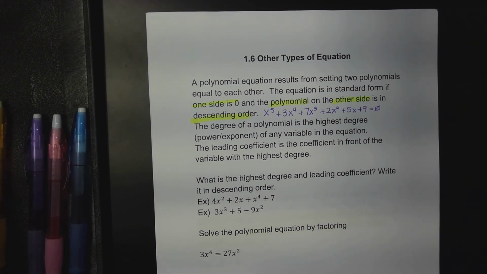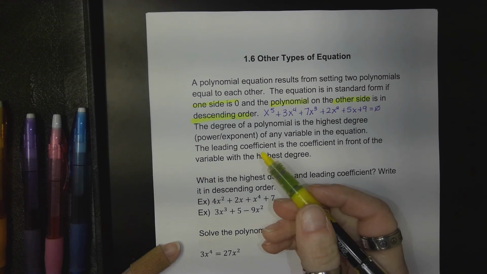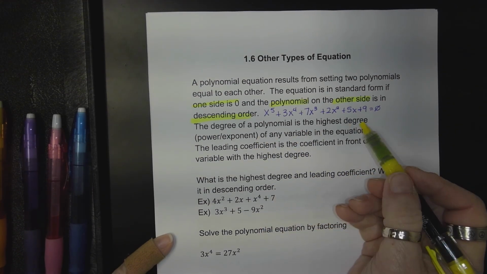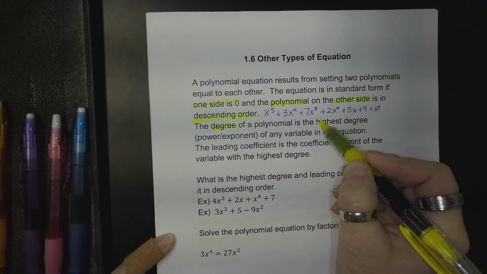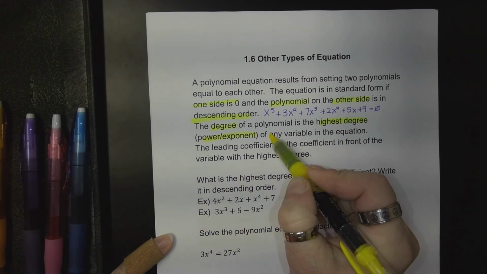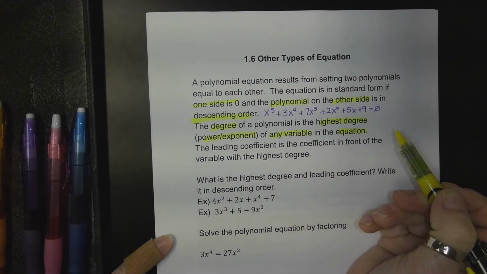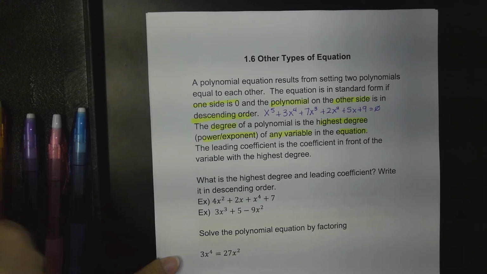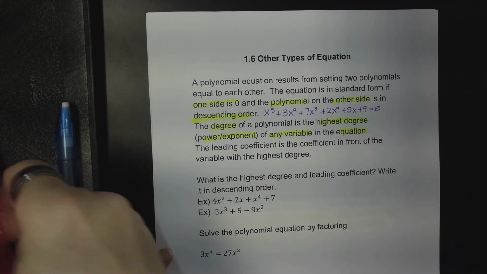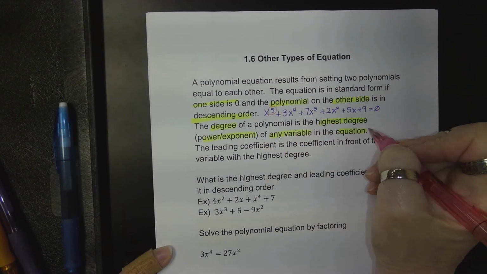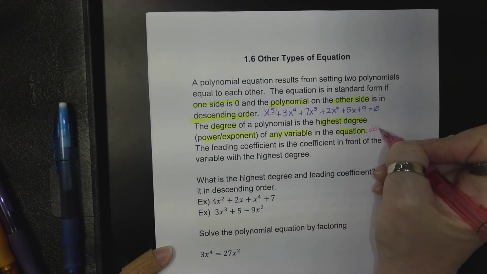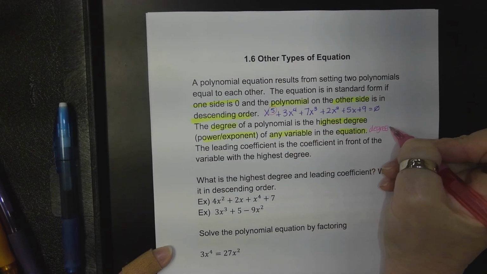So the degree of a polynomial is the highest degree or power of any variable in the equation. So the degree is the highest exponent of any variable in the equation. So the degree of this polynomial, our sample, would be 5.